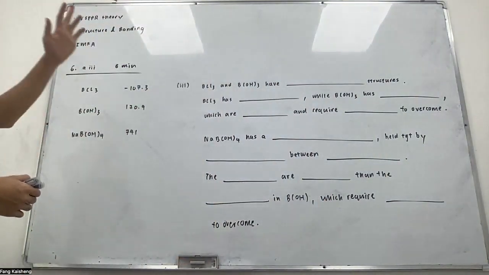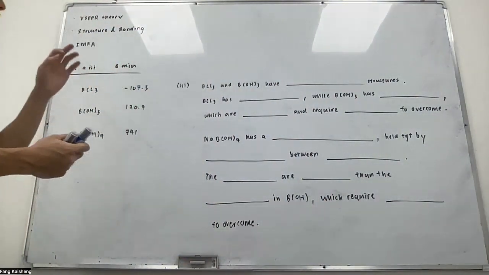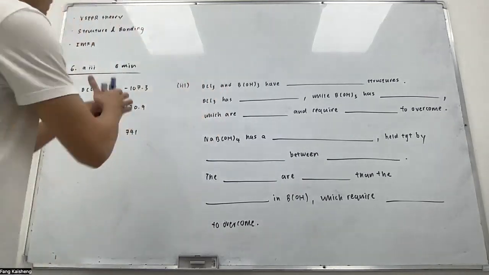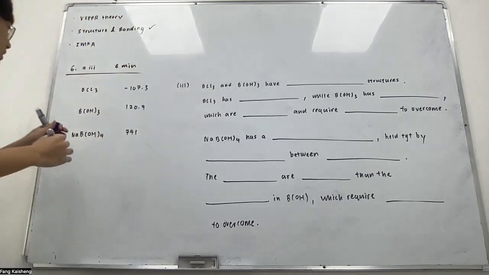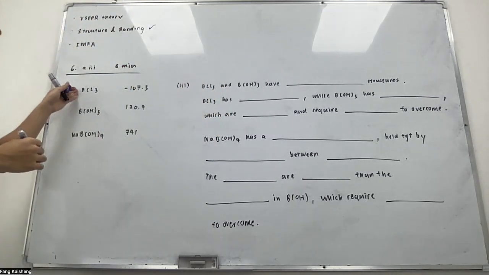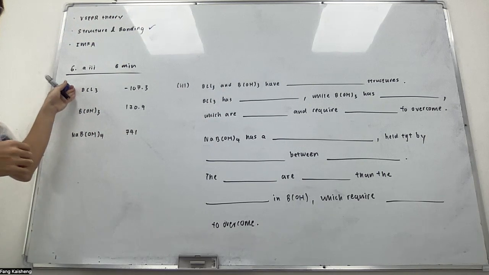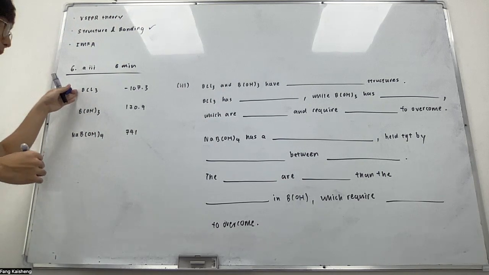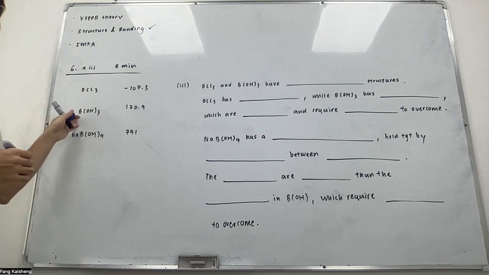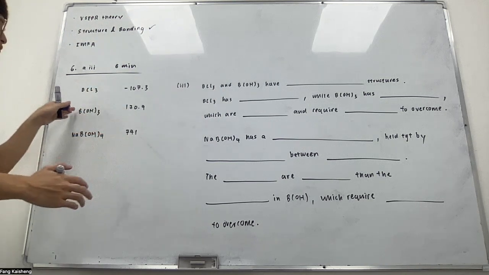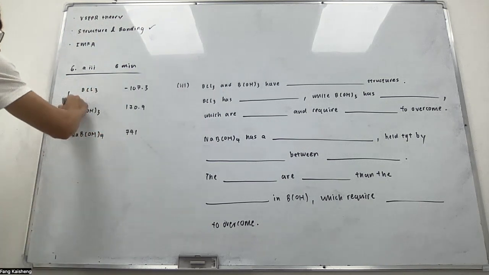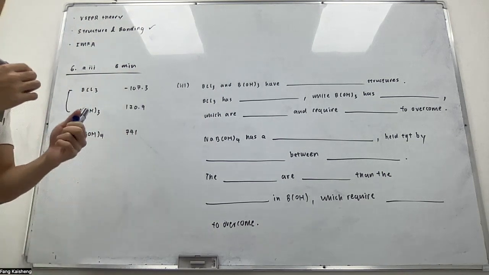But to go back to the principles first, let's ask ourselves structure and bonding. What's the structure and bonding of BCl3? Simple molecular. B(OH)3, from the structures you drew earlier, is also simple molecular. So these two are in the same class, and we can explain them together.